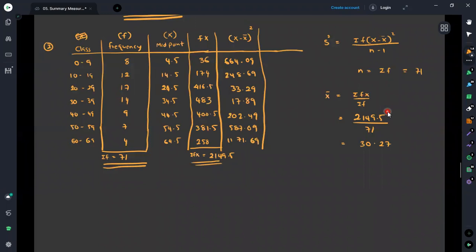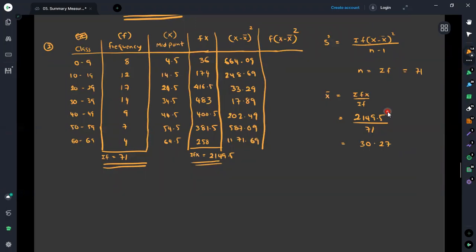Now we need to take the next column as f times (x minus x bar) squared. Then we need to get the multiplication of the (x minus x bar) squared column with the value of the frequencies we are having.